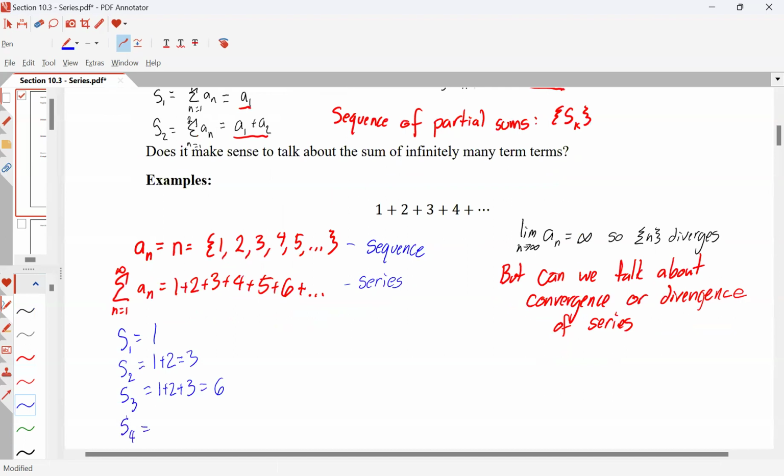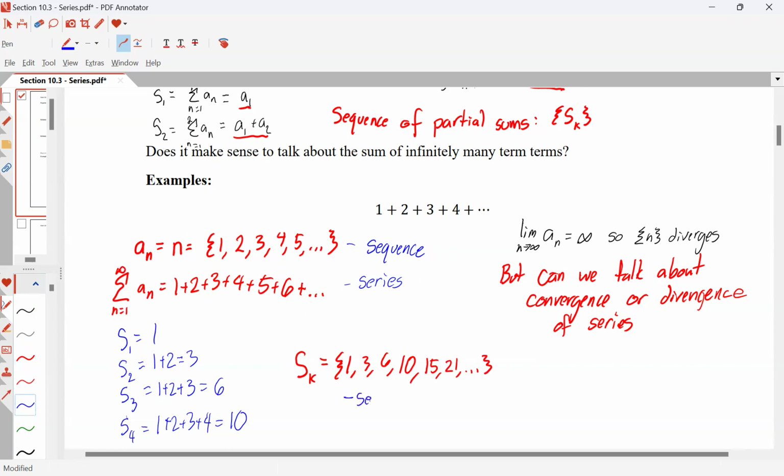S sub 4 is 1 plus 2 plus 3 plus 4, which is 10. And so our sequence, S sub k, is the sequence 1, 3, 6, 10, 15, 21, and so on.